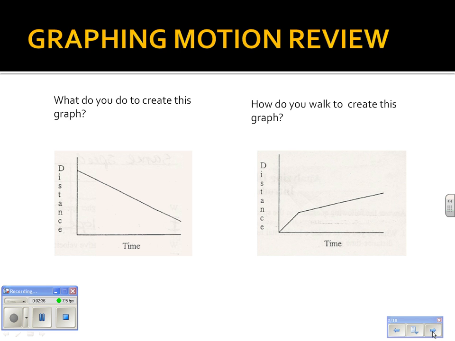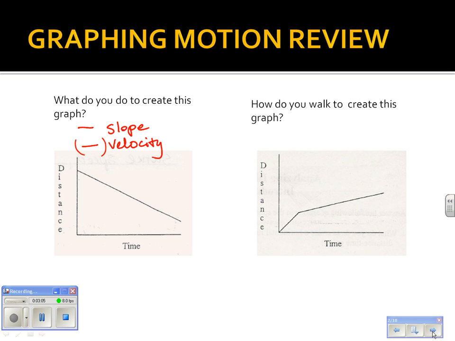All right, let's look at these graphs. This one, how do I create this graph? What do I have to be doing? Well, again, it's a straight line. But if I look at the slope of this line, it is a negative slope. So that means it is a negative velocity. Negative velocity just means that I've turned around and decided to go the other direction, or I'm going back to my starting point.